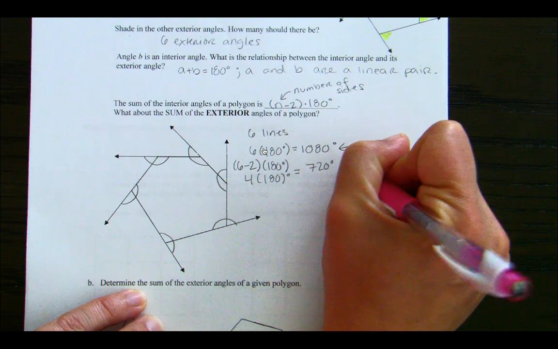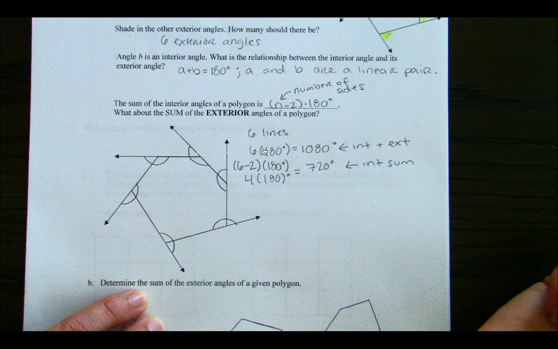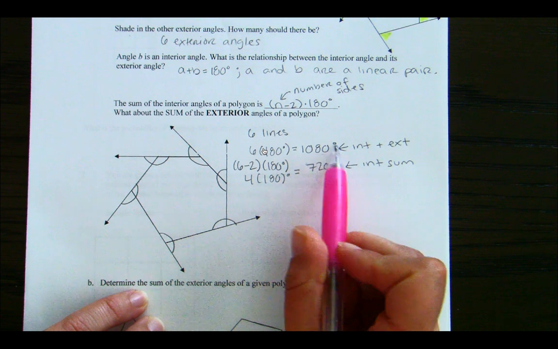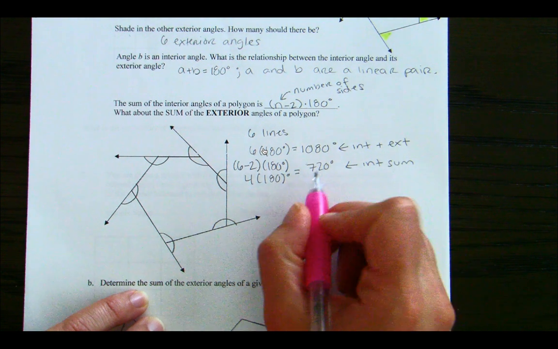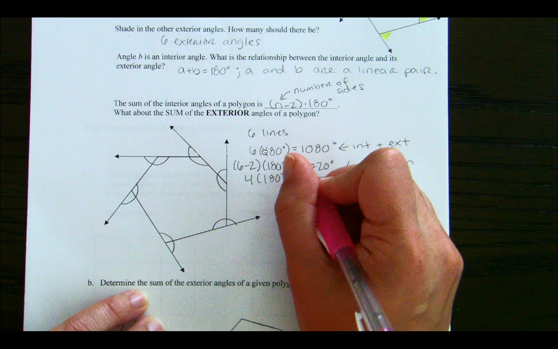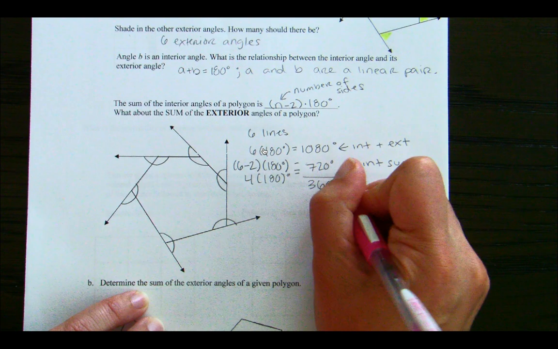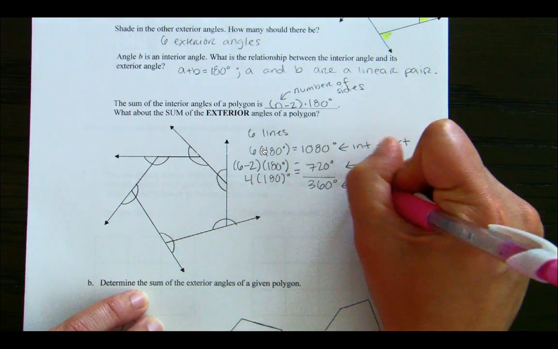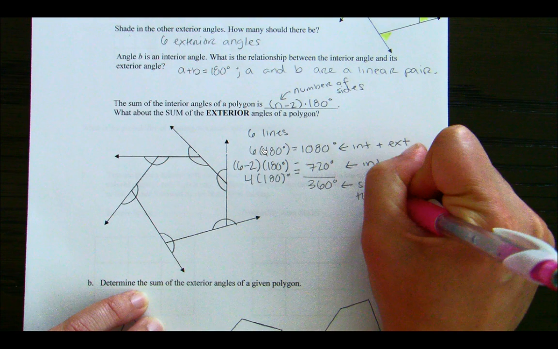So this is my interior sum. That means the difference between the interior plus exterior sums and just the interior sum should give us our exterior. If I subtract 720 from 1080, I get 360 degrees, which is the sum of the exterior angles.